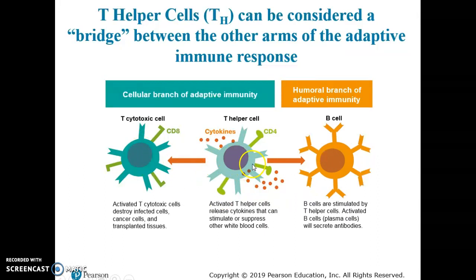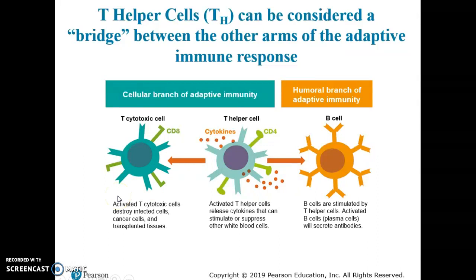This CD molecule specific for T helper cells is CD4, and for cytotoxic T cells is CD8. T helper cells are sometimes referred to as just CD4 positive T cells. Cytotoxic T cells are CD8 positive.